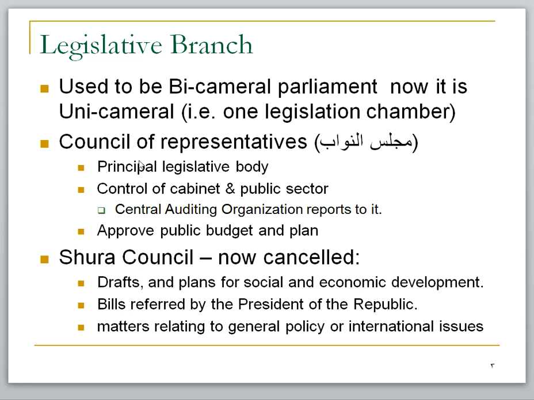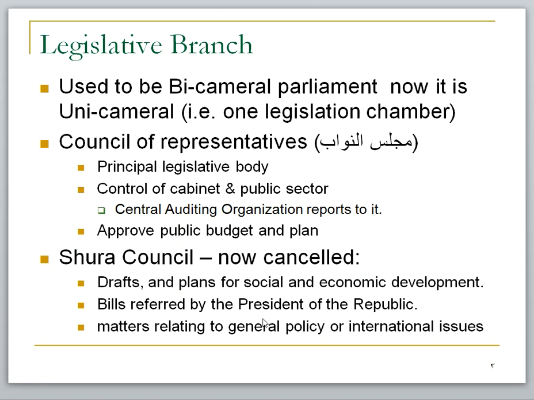Also, the Council of Representatives approves the public budget and plan. That means that مجلس النواب هو اللي بيوافق على الموازنة العامة للدولة وخطط الدولة in general. Public budget and plans.